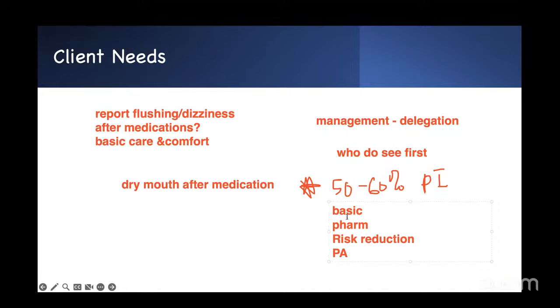I don't think you can make it if you score low. Look at your CPR and look at it carefully and see if you've taken it before. See what your score is under basic care and comfort, pharmacology, risk reduction, and physiological adaptation. If you get only one above passing, I don't think you can make it.